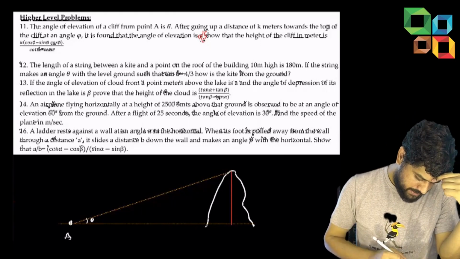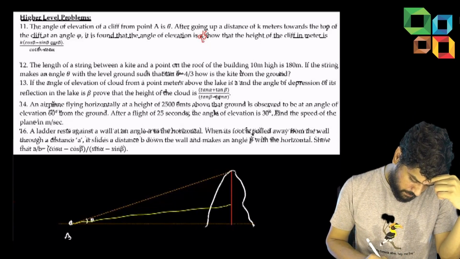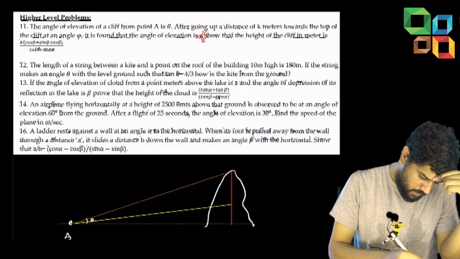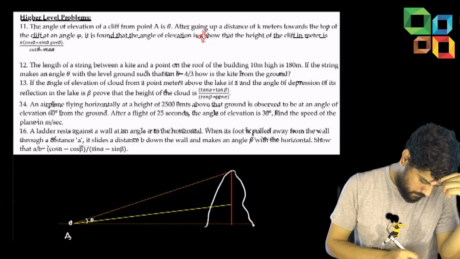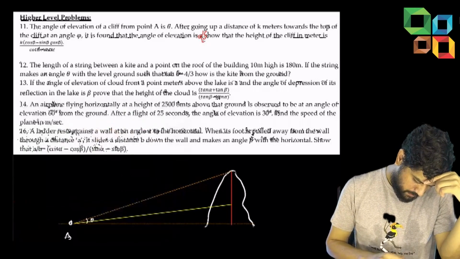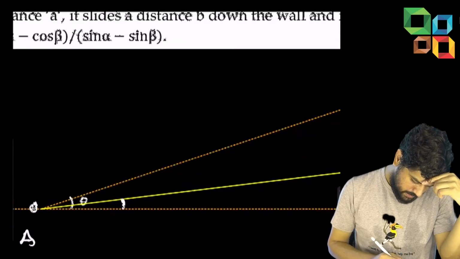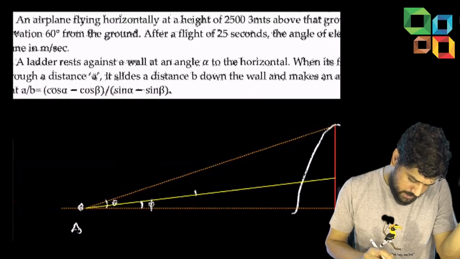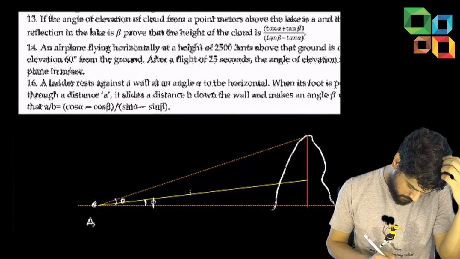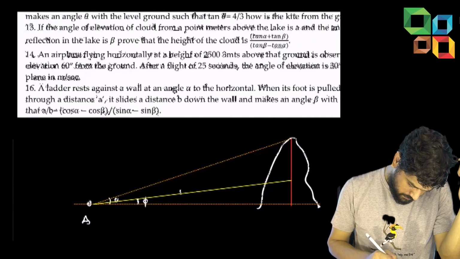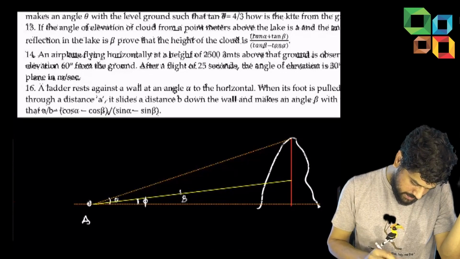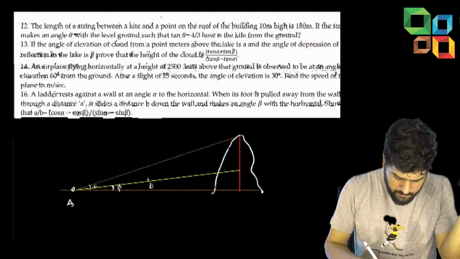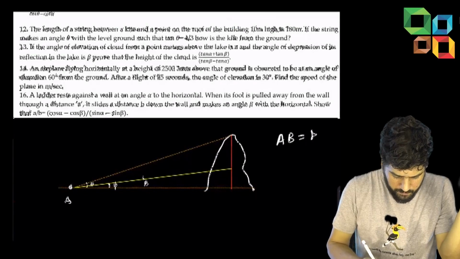So this angle is phi. Okay, and you're moving for a distance k. So this length AB is equal to k.